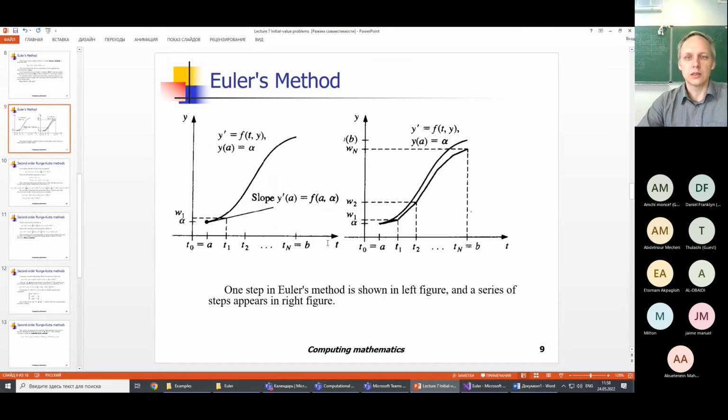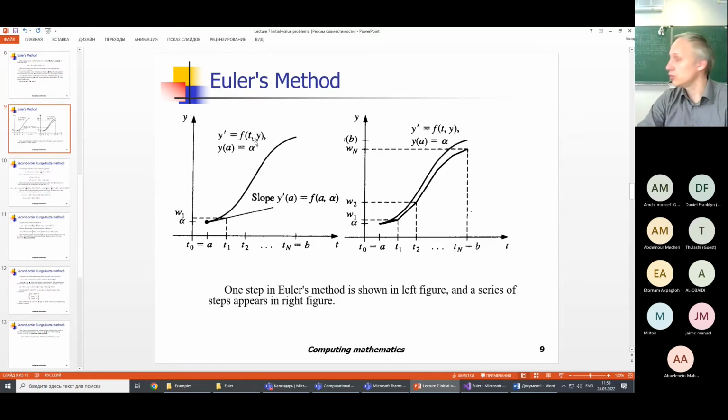Well, let's show you the geometric interpretation of the Euler's method. Suppose that we have the function y prime equals to f of t, y.